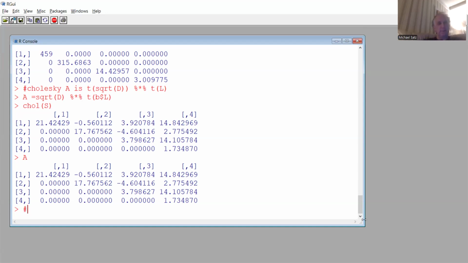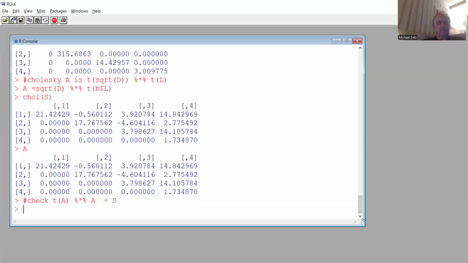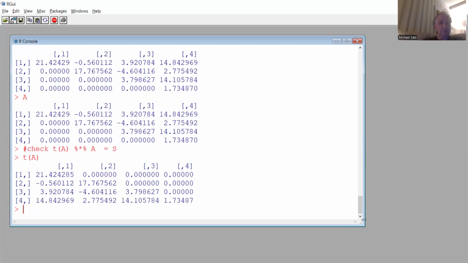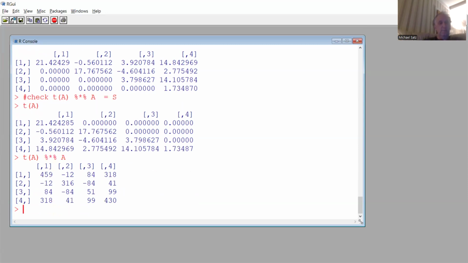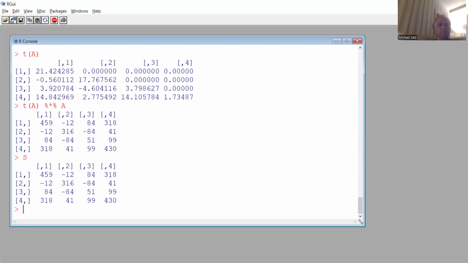So let's check A transpose times A equals S. So there's my A, A transpose looks good. So now let's go A transpose times A, boom, S.